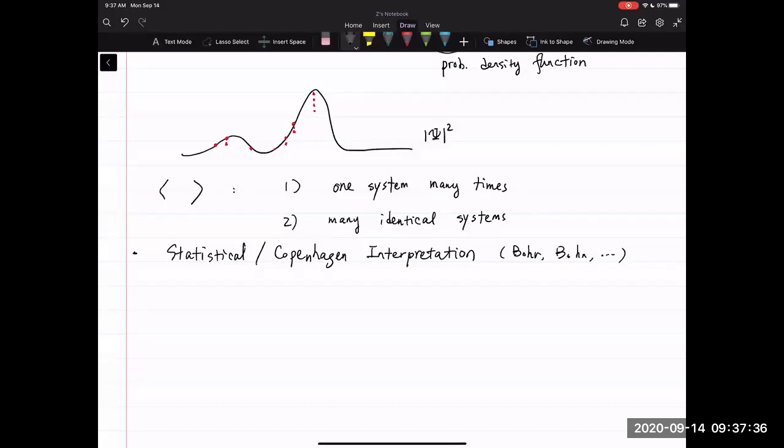They say the wave function itself doesn't have any physical meaning. The real meaning of the wave function only lies in its square, psi star psi, which gives you the probability density.